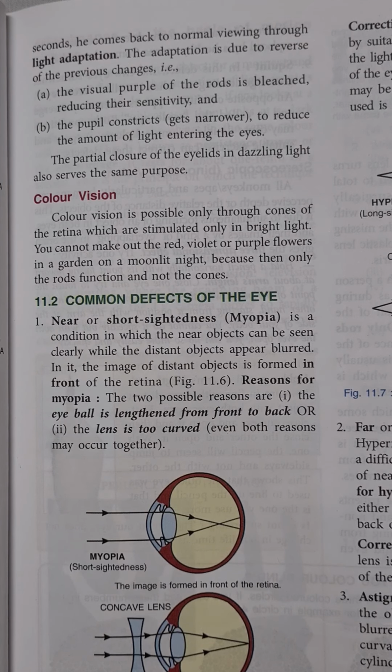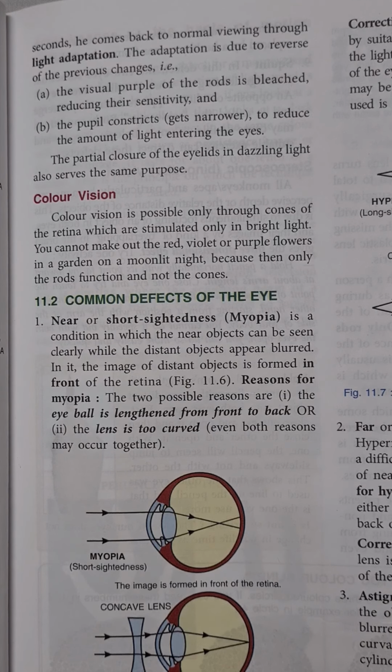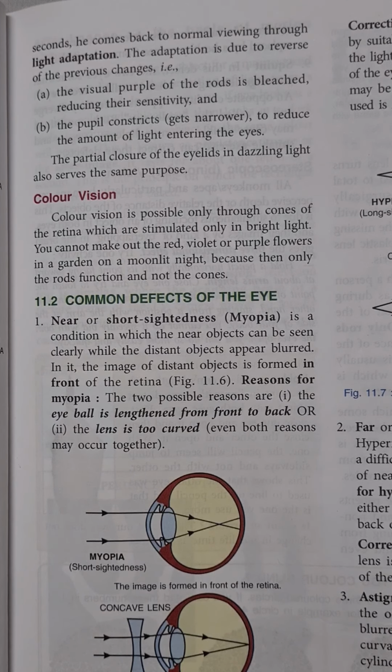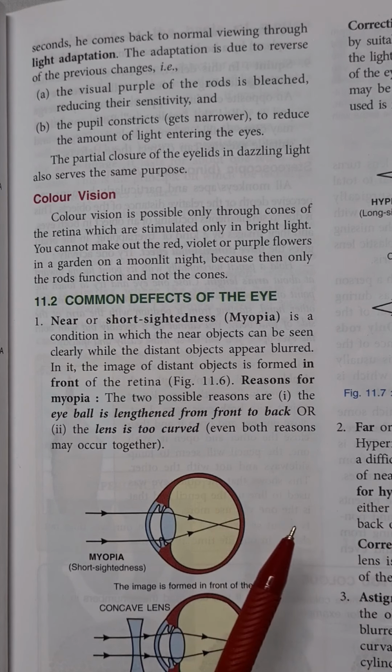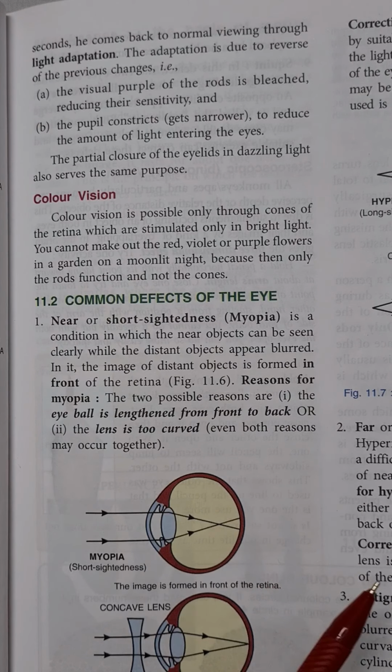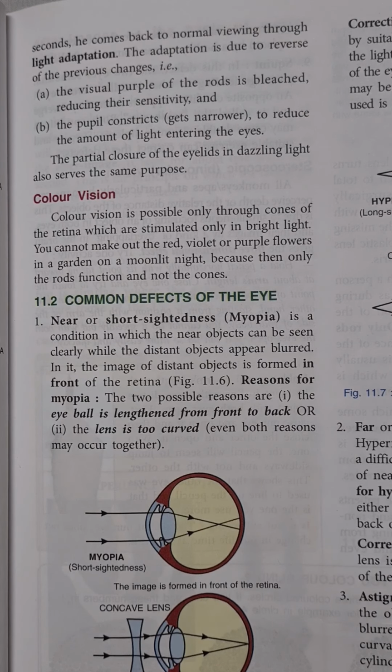And rhodopsin pigment is bleached, and iodopsin present in the cones again starts working to help us see objects in light. Not only this, when we move to the bright light, the partial closure of our eyelid again helps in reducing the dazzling effect. That is, it also helps us to adapt our eyes in light.